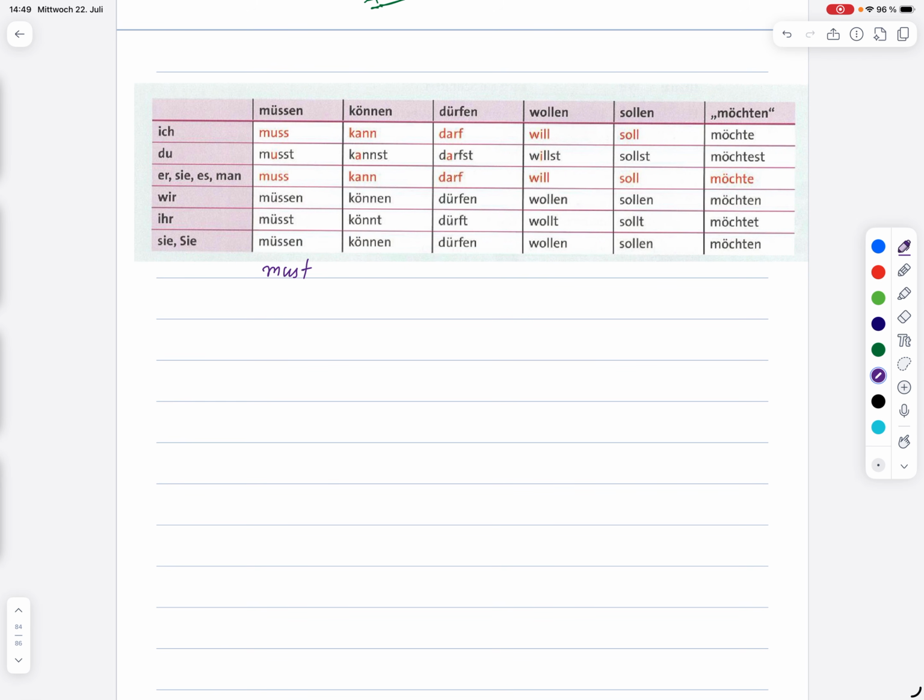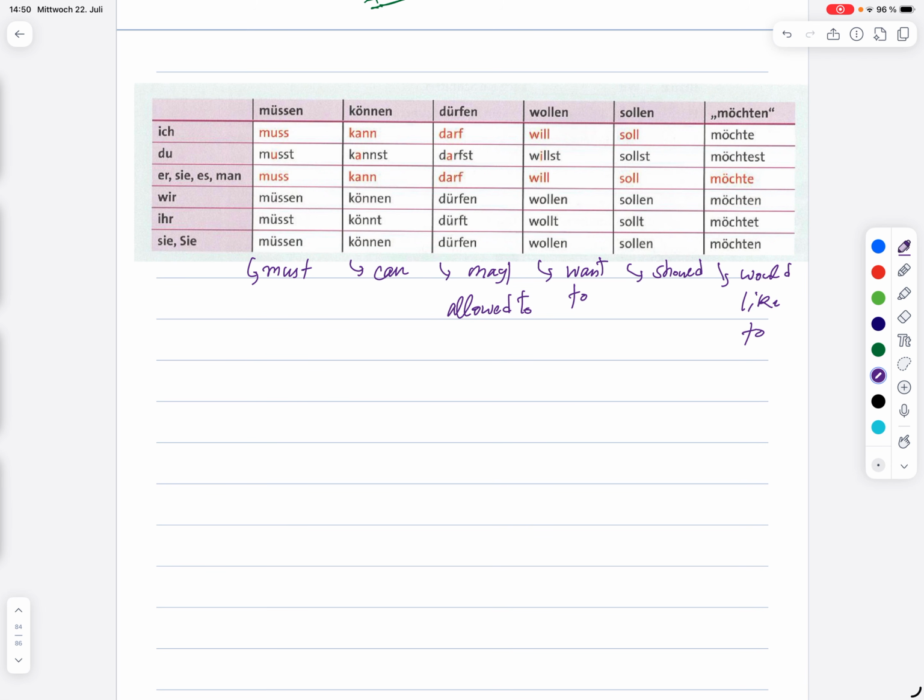Können is can, dürfen is may, or allowed to, wollen is want to, sollen is should, and then we have möchten, would like to.